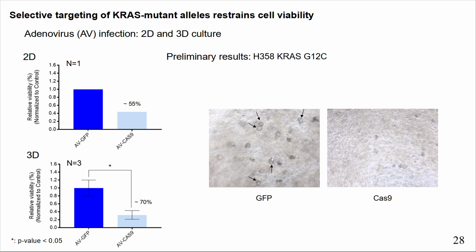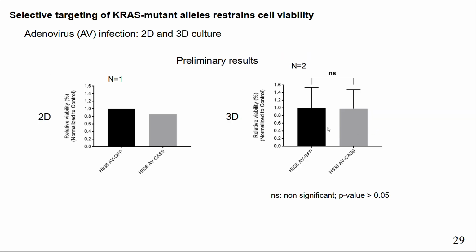We can see here in the controls little tumors, let's say, that appear in the control, but nothing can be seen in the treated cells. Also, for the wild-type cells, as I said, these are very fresh and preliminary results. We don't see any effect on cell viability in both 2D and 3D cultures.